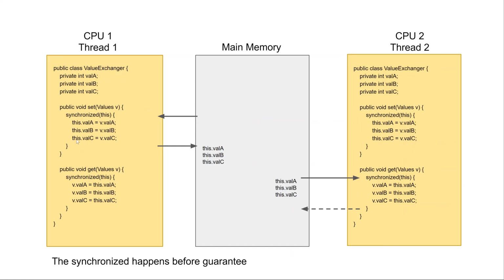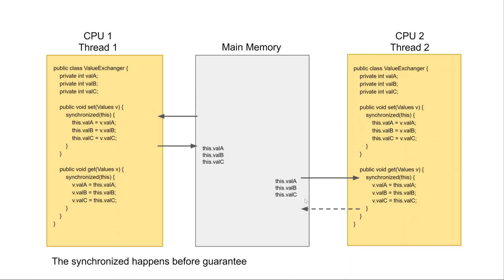So none of these writes here can be reordered to happen after the exit of this synchronized block here. And this also counts for writes to variables that would happen before this synchronized block, right? If two of these writes were happening outside of the synchronized block, they could still not be reordered to happen after this synchronized block exits.